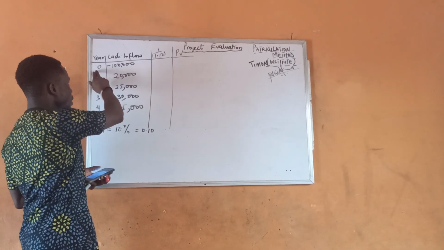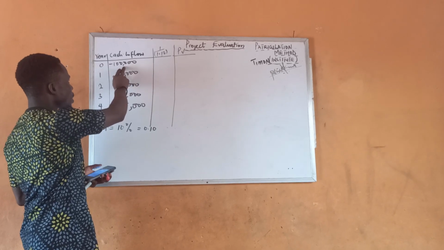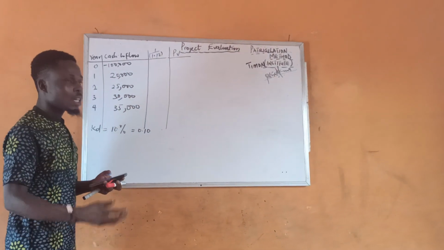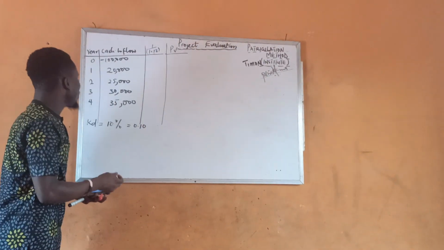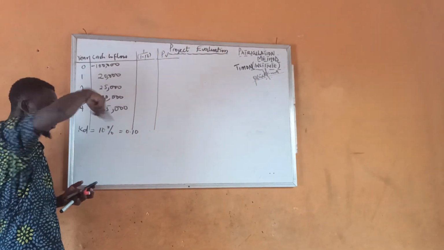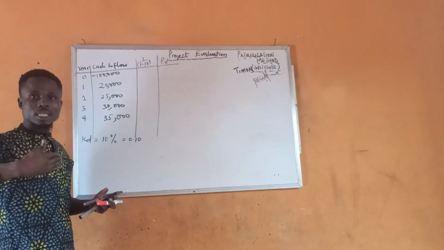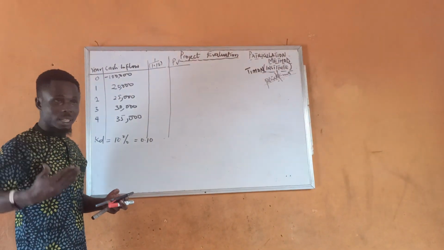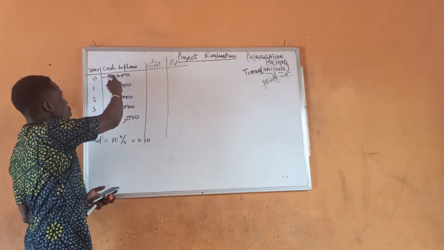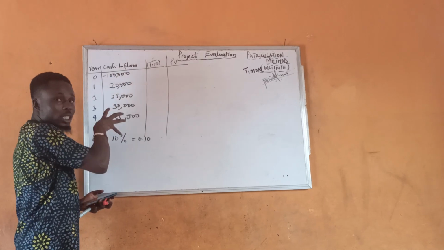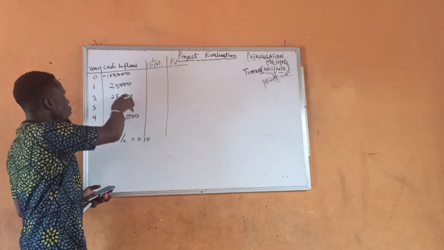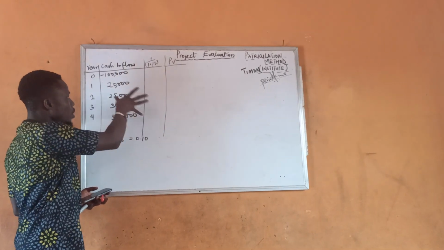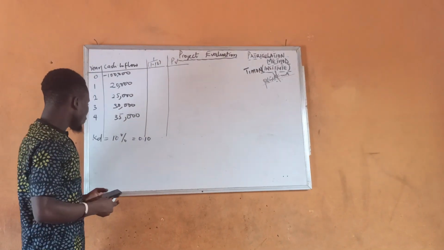The minus 100,000 I wrote is the cash outflow. If you check very well, it's minus, and this is the year before the project started. So this is the money they invested in the project. One should now solve to know if this particular project is profitable.